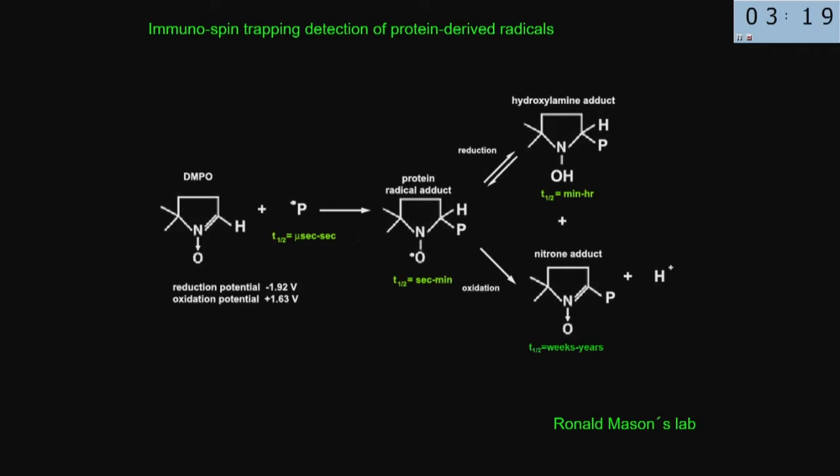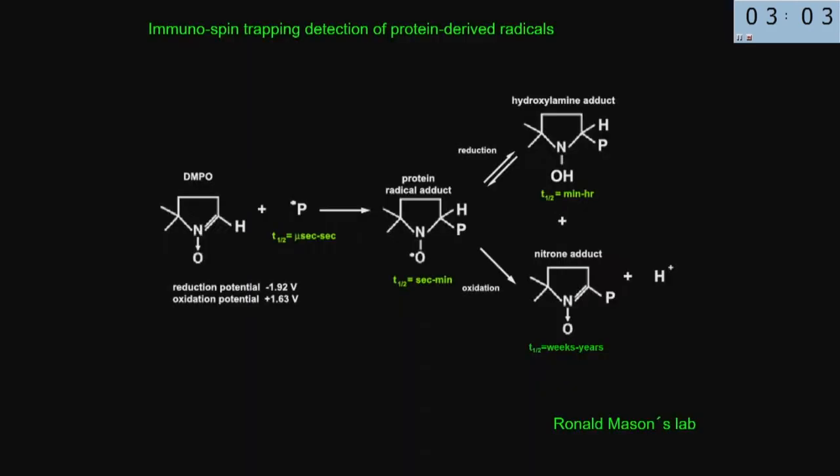So in this model, we applied the technique of immunospin trapping, and this was the first application in vivo of the method by which animals administered with DMPO, the protein radicals were trapped and revealed immunochemically.